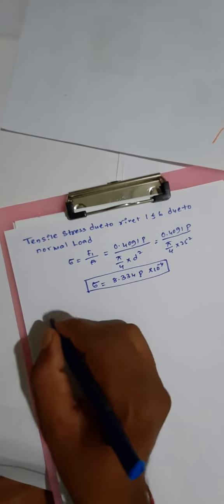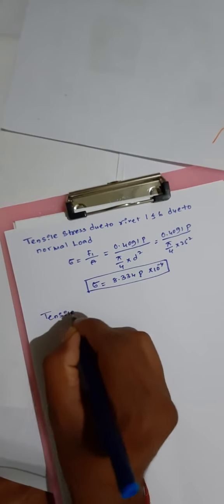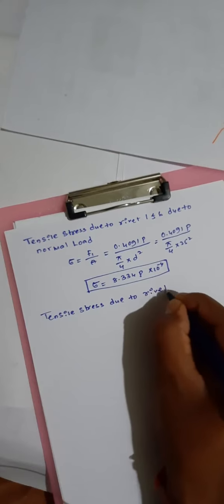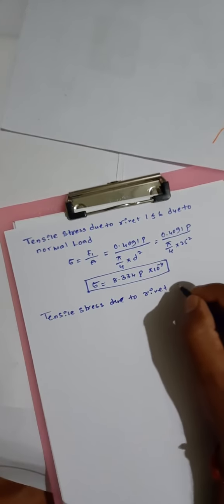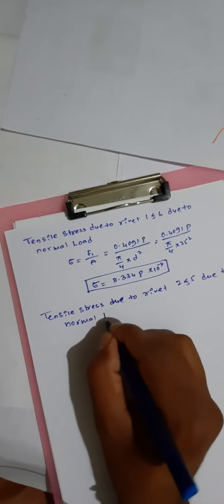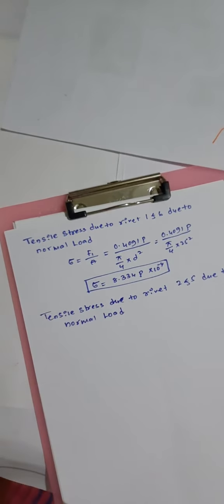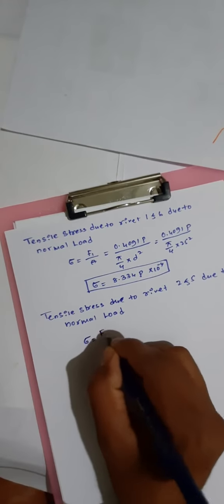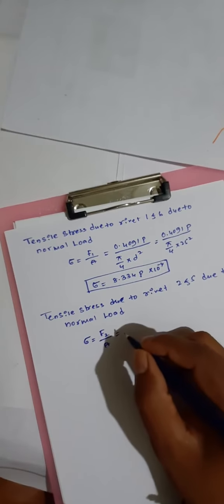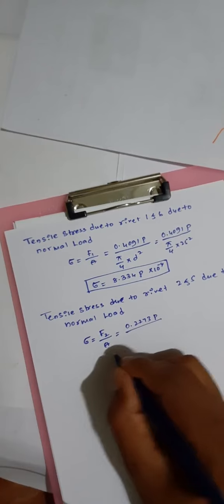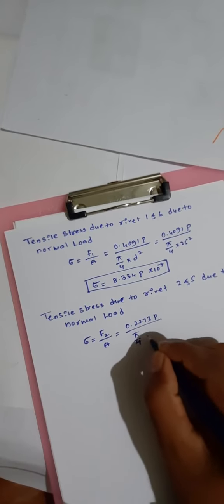In the same way, the tensile stress due to the normal load on rivet number 2 and 5: sigma is equal to F2 divided by A. Substitute the values, we know F2 is 0.2273 P divided by the area, pi by 4 into D square.